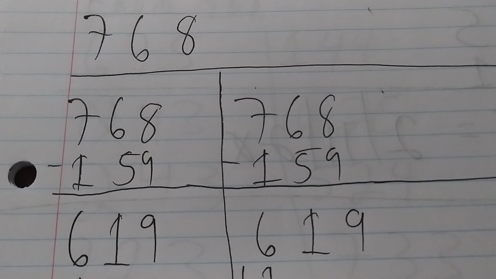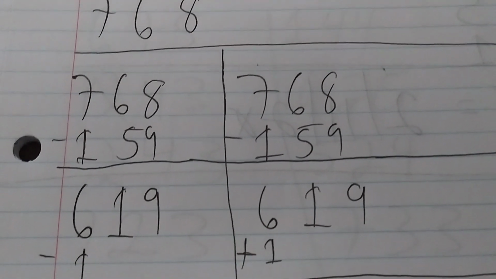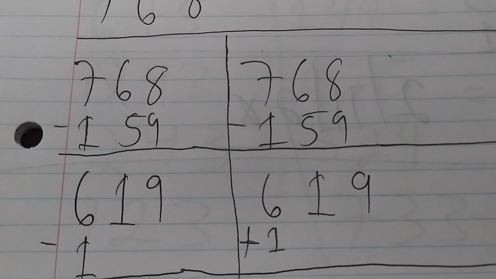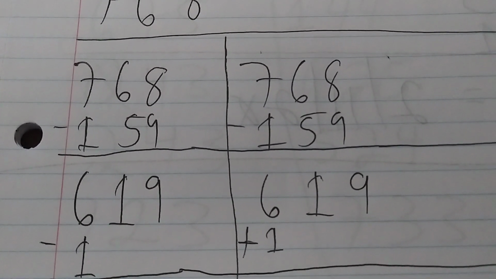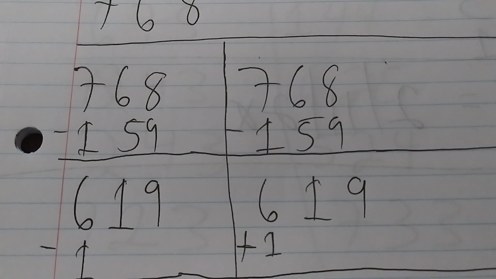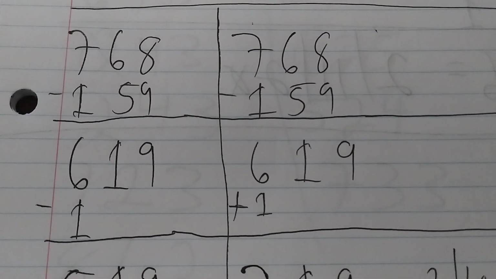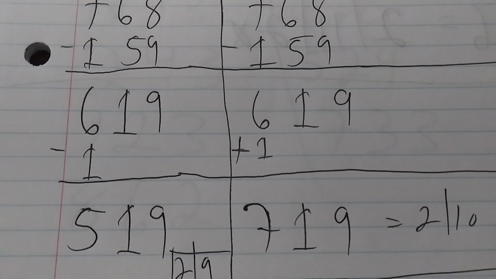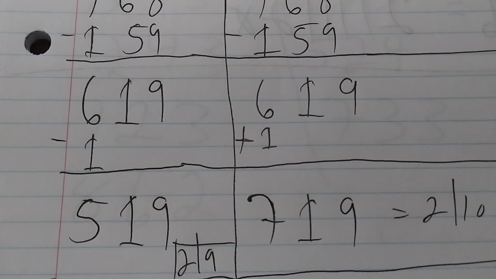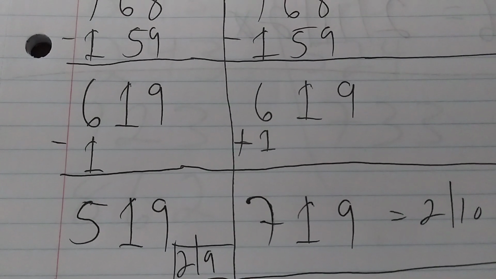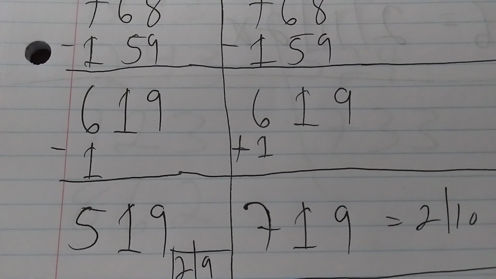But here you can subtract off 159. Then 7 minus 1 is 6. 6 minus 5 is 1. And then 18 minus 9 is 9. 619 did not hit in the next 7 days. But if you add and subtract off 1 from the 6, so you have 6 minus 1, which is 5.